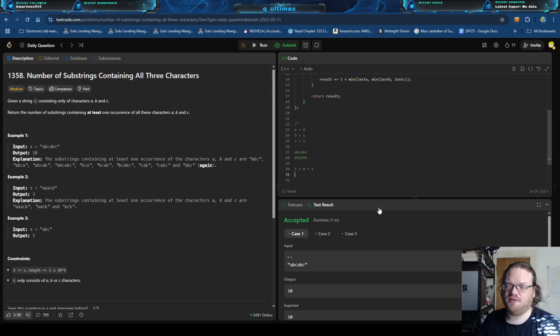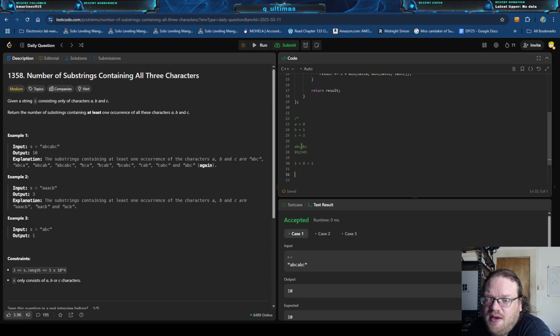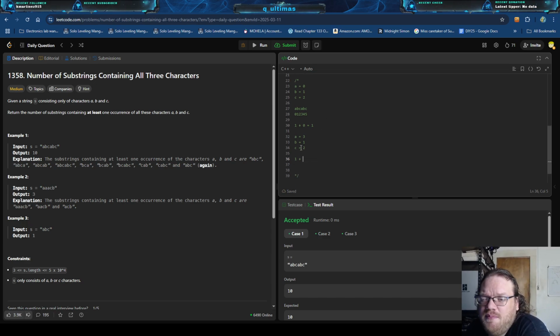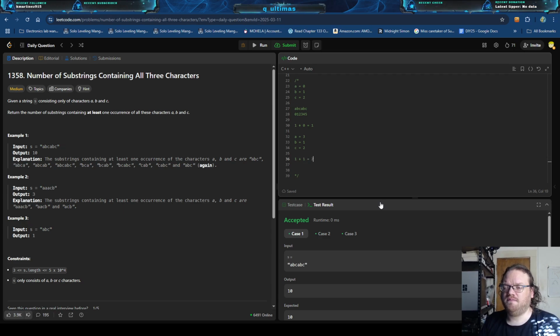You add this to the result. Okay, so we go to the next value, A. A now takes over A, so we have A equal to 3, B equal to 1, and C equal to 2. Then you go 1 plus, and the minimum of the 3 values is 1, which is equal to 2. So you add to the total: 1 plus 2, 3.